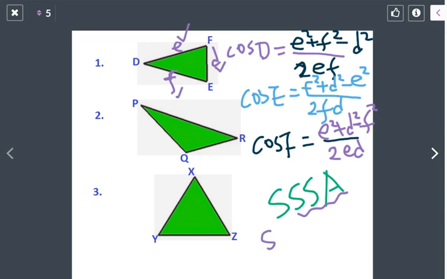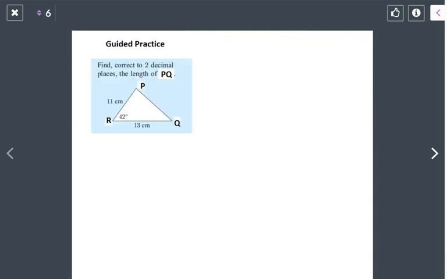For example, you know all three sides, try to get the angle, or you know two sides and one angle, like a SAS pattern, but I'm looking for the side. Then you can use the cosine law to work on that.